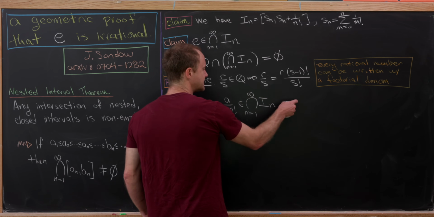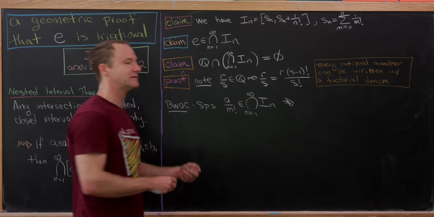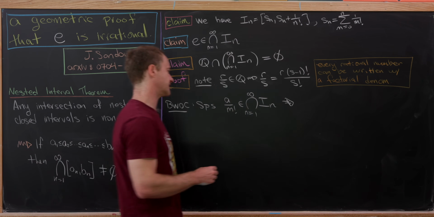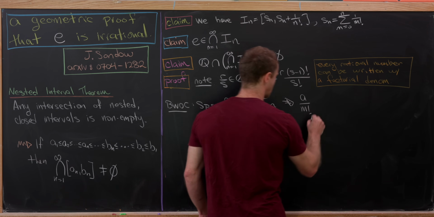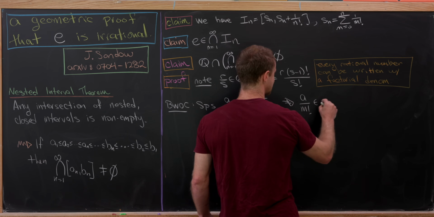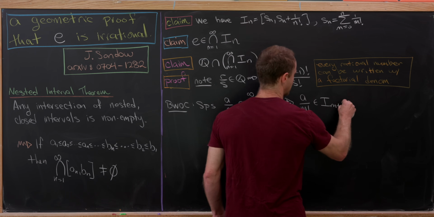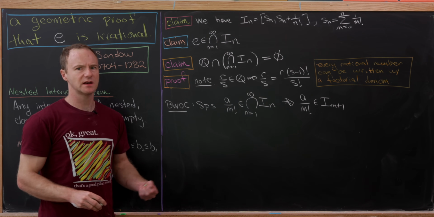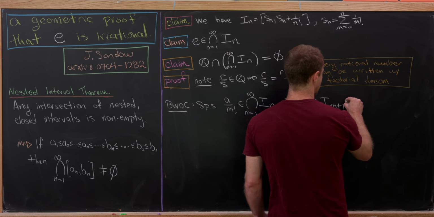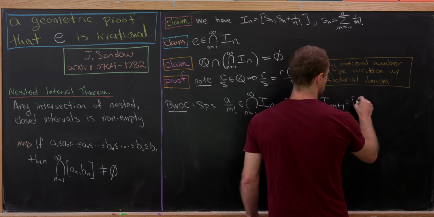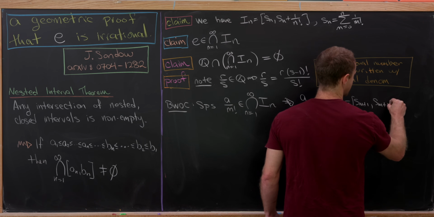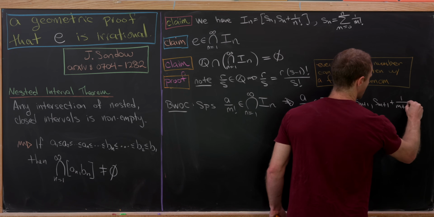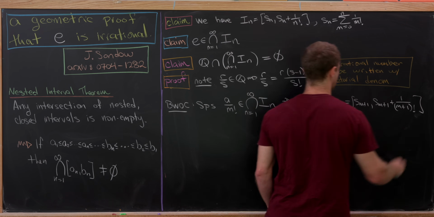Okay, but what does it mean to be in an intersection? It means that you're in all of the components. So that means that a over m factorial is in fact inside of I sub m plus 1. But then what was I sub m plus 1? That was equal to the closed interval starting at S sub m plus 1 and ending at S sub m plus 1 plus 1 over m plus 1 factorial.